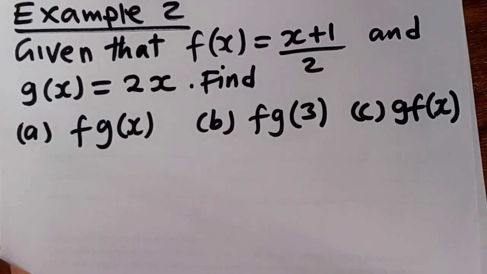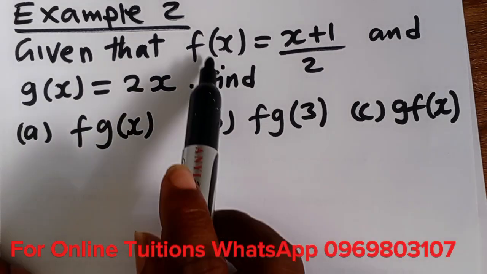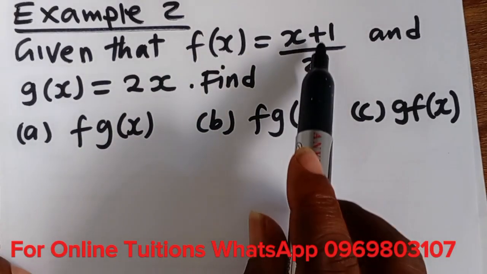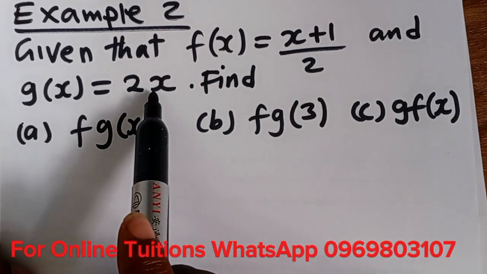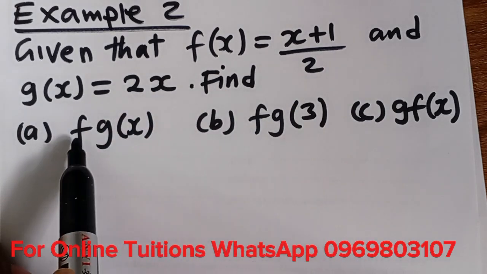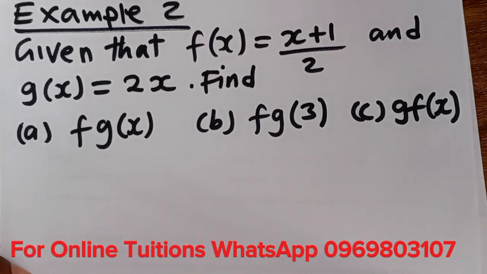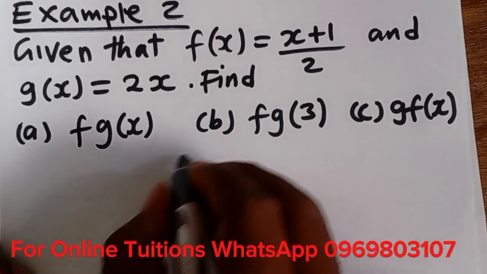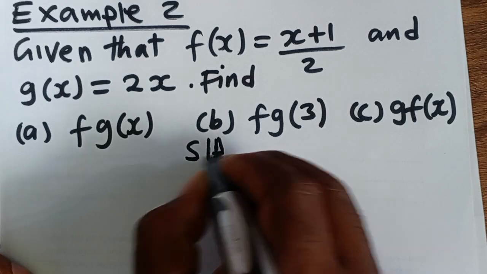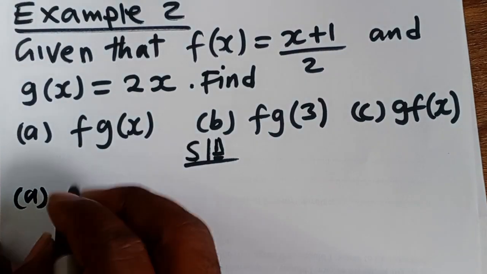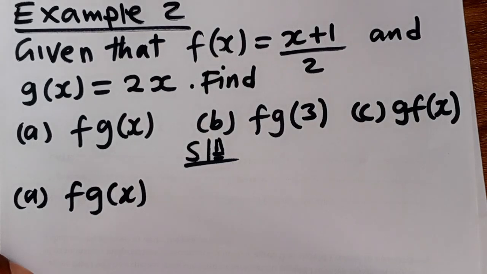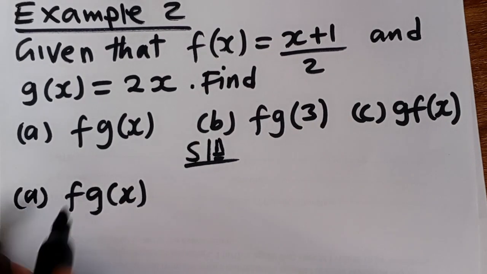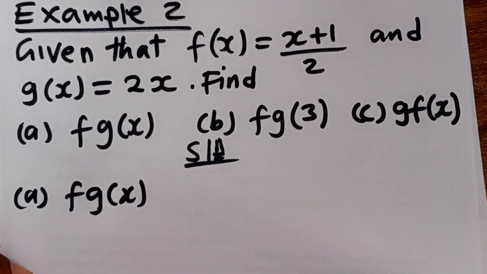So example 2, given that f of x is equal to (x plus 1) over 2 and g of x is equal to 2x, find fg of x. So what does it mean? This means that g of x has been swallowed by f of x.